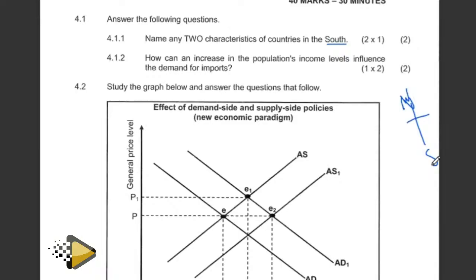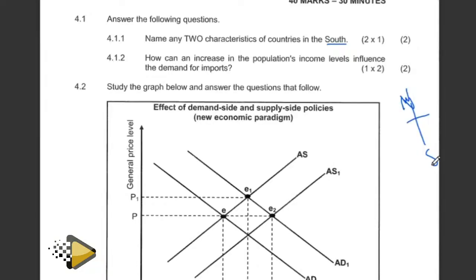How can an increase in the population's income level increase the demand for imports? So how can an increase in the population's income levels influence the demand for imports? The moment local inhabitants' or the households' income is high, it means that now there's going to be a desire or a need for them to buy the normal goods, not the inferior goods.